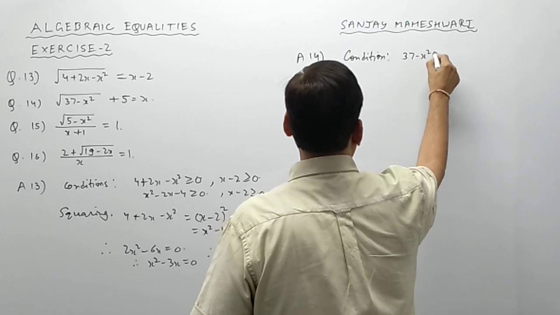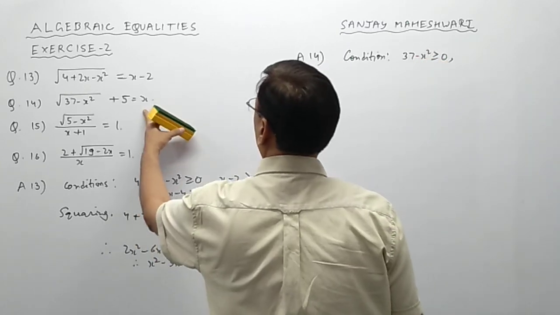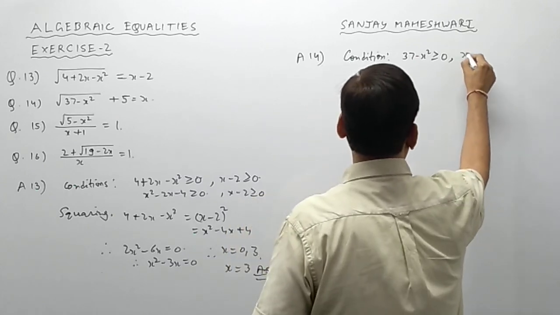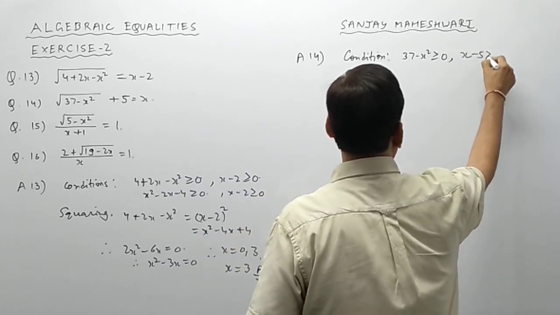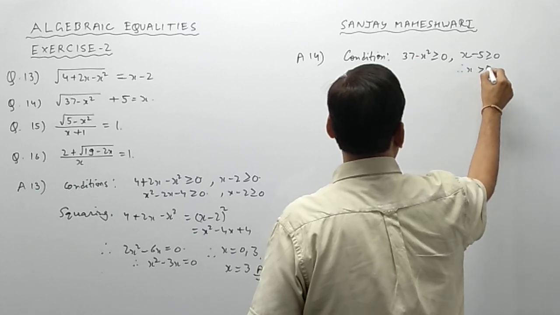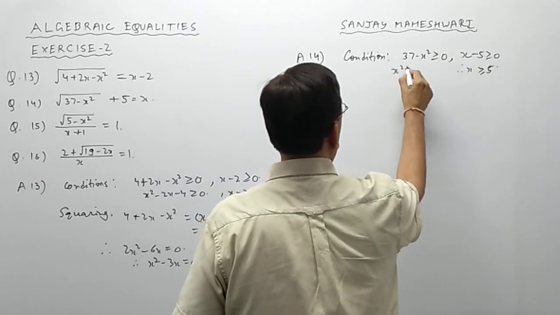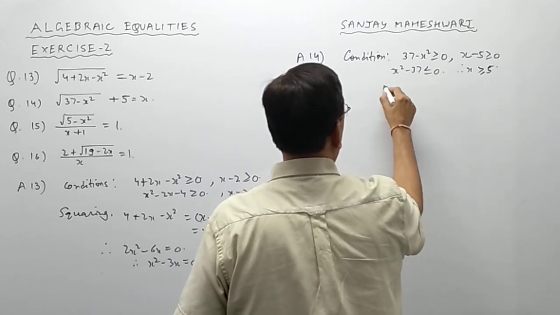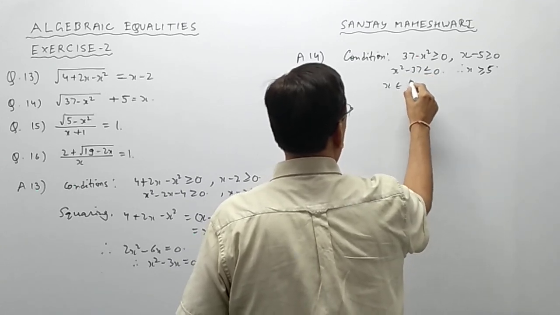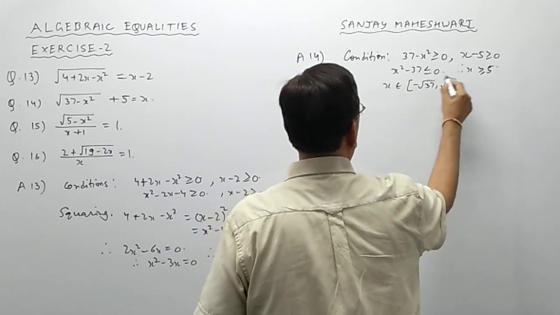37 minus x square should be greater than or equal to 0, number 1, and x minus 5 should be greater than or equal to 0, that is x is greater than or equal to 5. And here you can see x square minus 37 less than or equal to 0. By wavy curve, x belongs to minus root 37 to root 37.